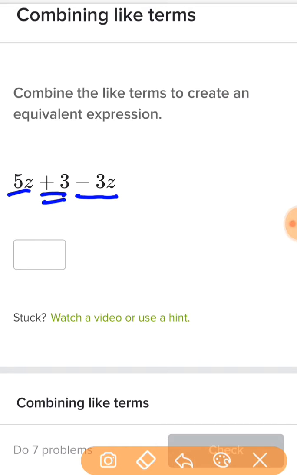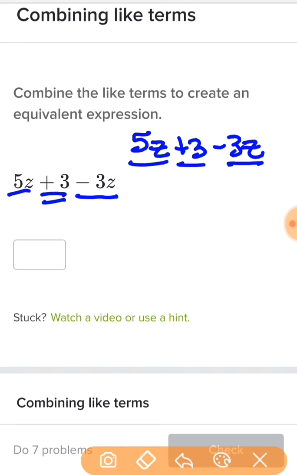So once I identify my like terms, I then simply have to take my like terms and write them next to each other. So let's rewrite the problem. 5z plus 3 minus 3z. I'm going to underline my z's and give my constant 2 underlines to show that they're different.